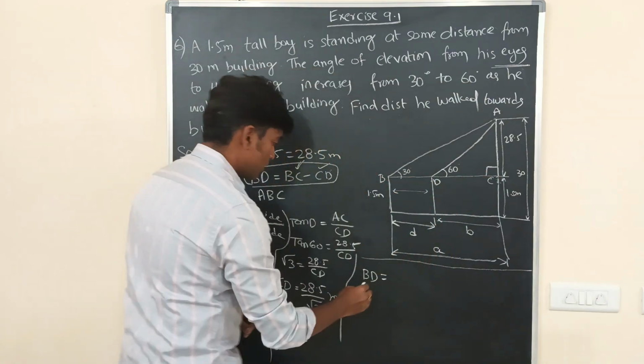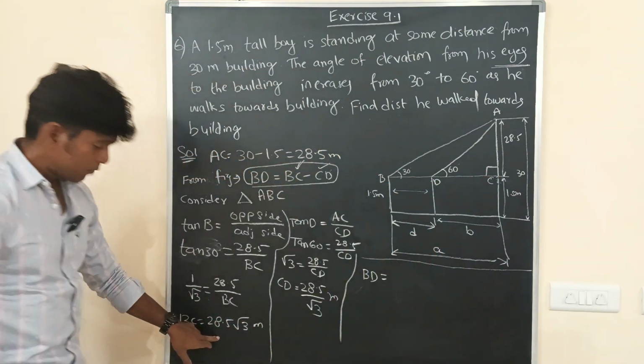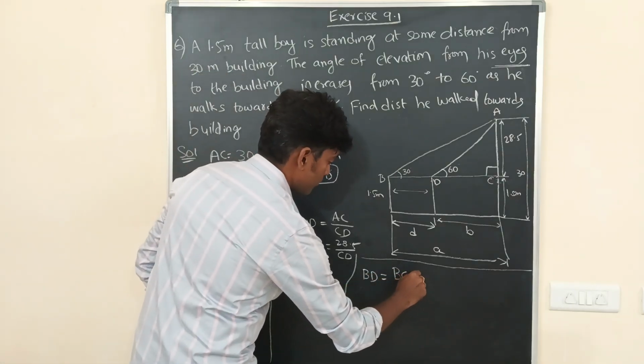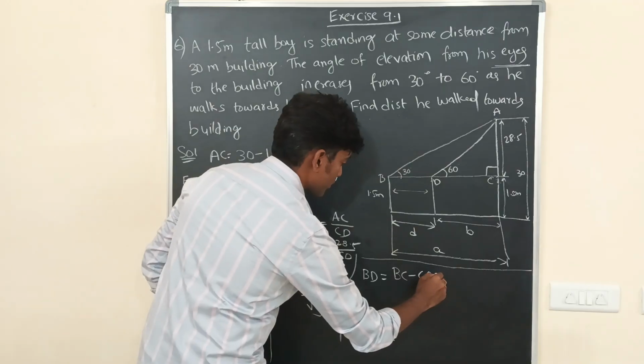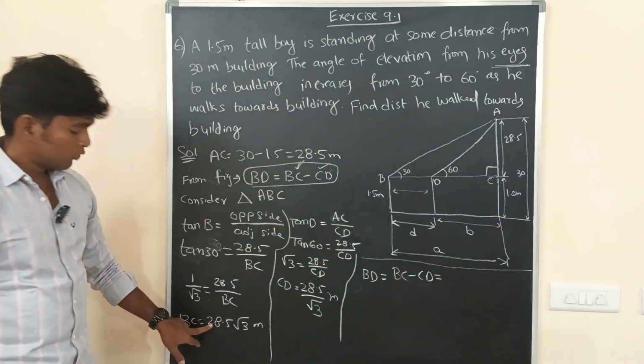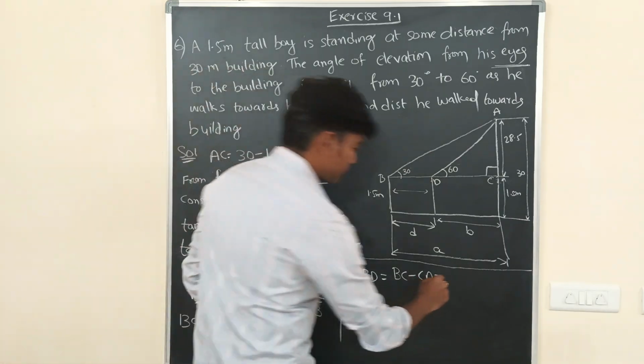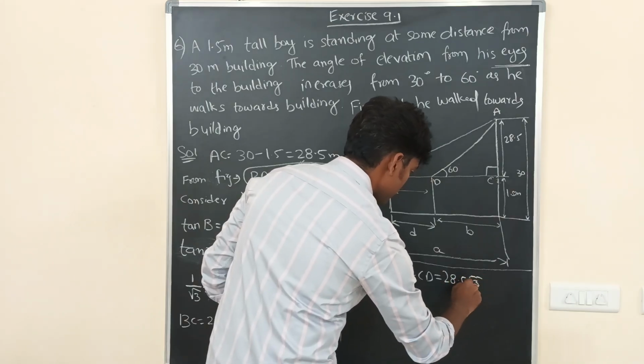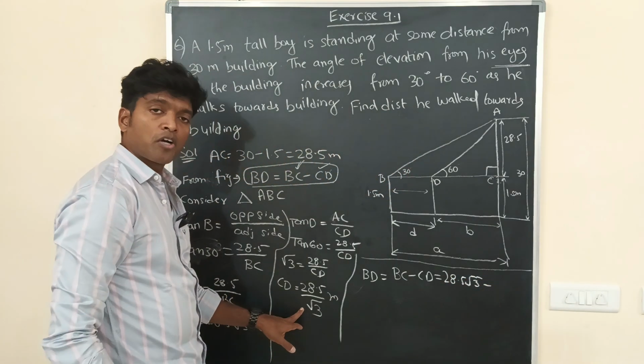BC is 28.5 root 3, so that is equal to 28.5 root 3 minus 28.5 by root 3.